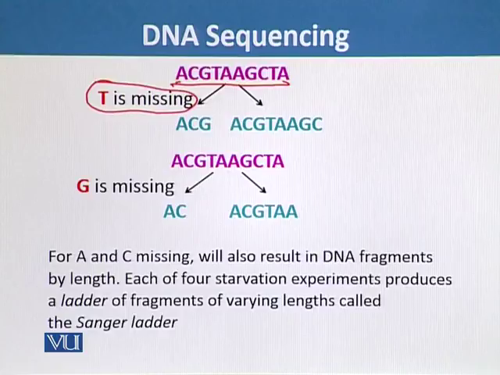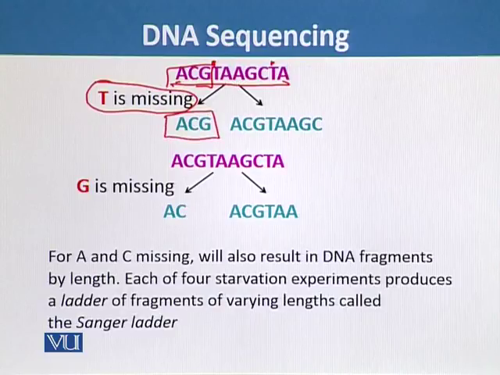If thymine is limited, then whenever there is a thymine in the sequence of the unknown fragment, the fragment will be terminated at the thymine. For example, at the first position of the thymine, what we will get is only A, C and G. The other possibility is that it is not terminated here, but it will be terminated before the second T, and the fragment obtained is of this size.